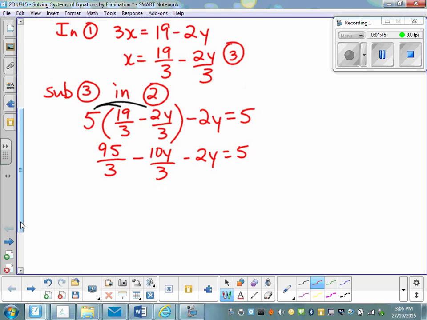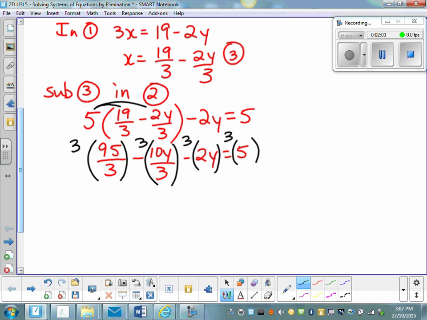So at this point, when we're solving equations and we have fractions involved, we can multiply each term by a factor that will get rid of the fractions. In this case, we only have 3's as our denominator. So if I multiply each term by 3, that'll clear the fraction and it doesn't change the equation in any way.